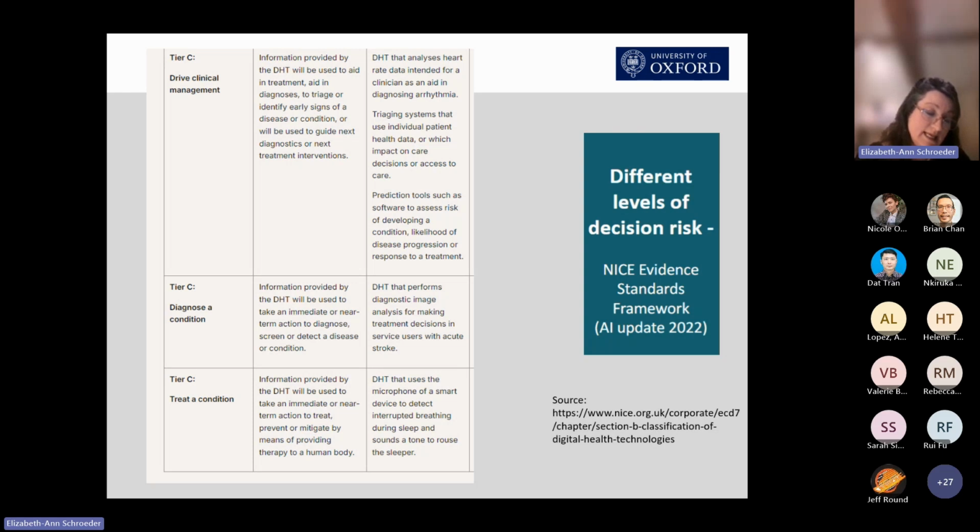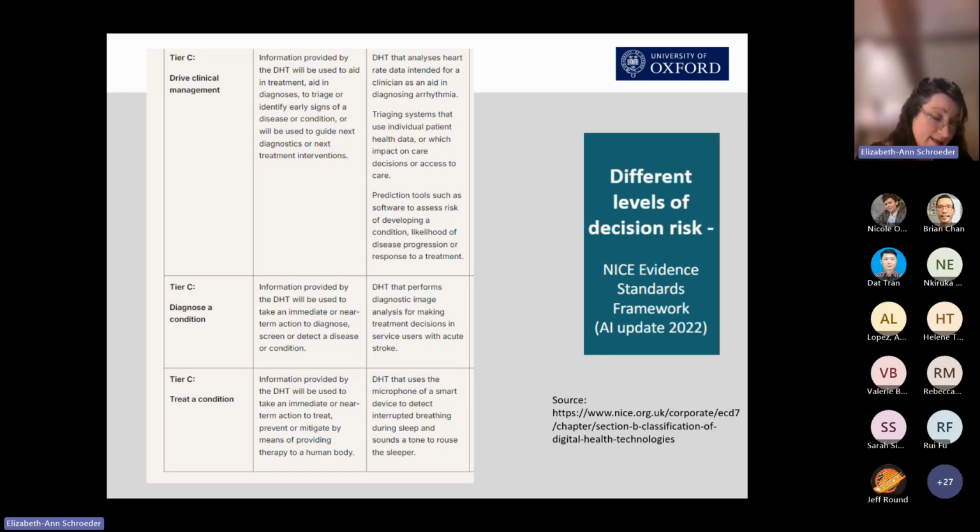And so essentially it provides oversight for HTA for medicines, for devices, diagnostics, guidelines for services, and sequences of care pathways. And so it's taken the pragmatic decision to limit its scope to Tier C applications, leaving Tiers A and B to other forces, be they market forces or other regulatory jurisdictions.